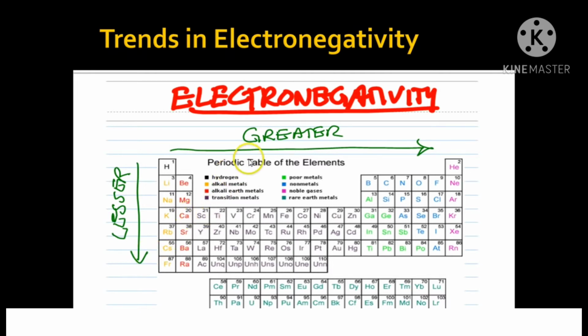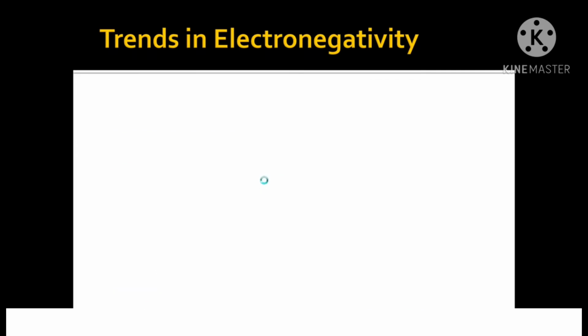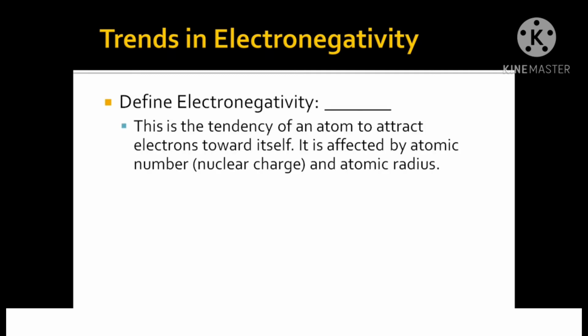But what is electronegativity? Maybe you can define it. This is the tendency of an atom to attract electrons toward itself. It's affected by atomic number, that is the nuclear charge, and the atomic radius.